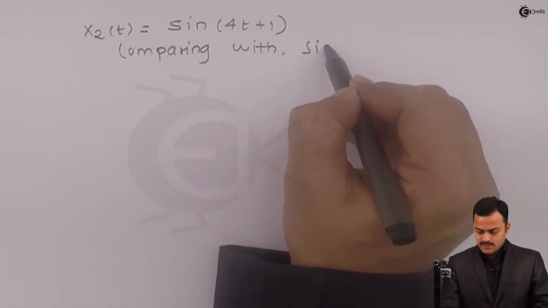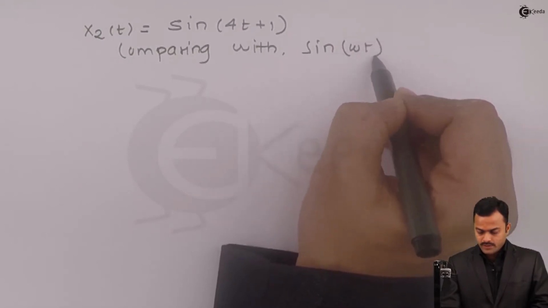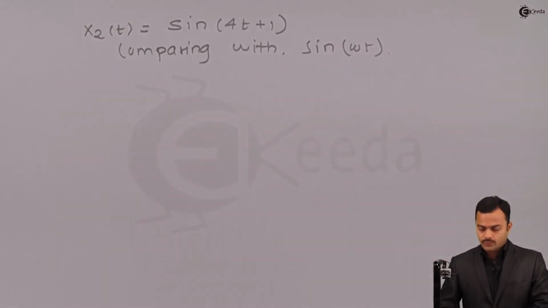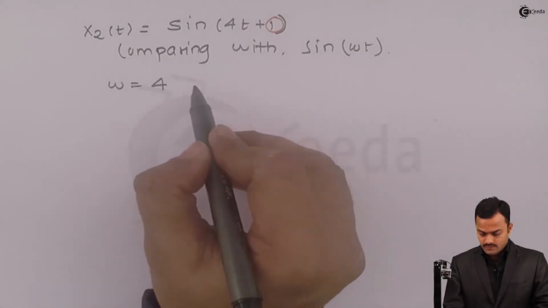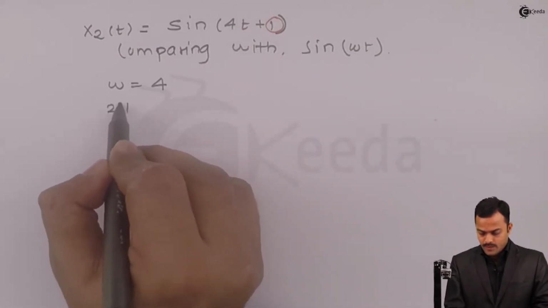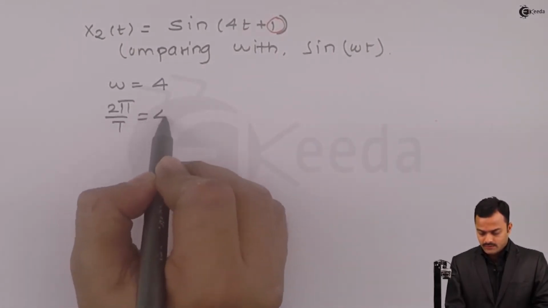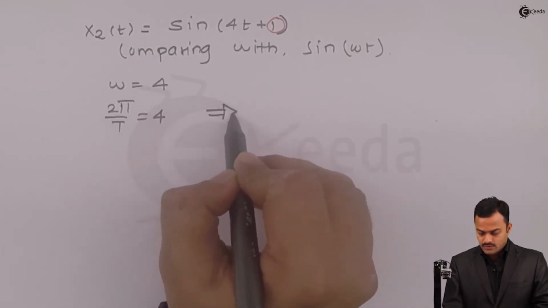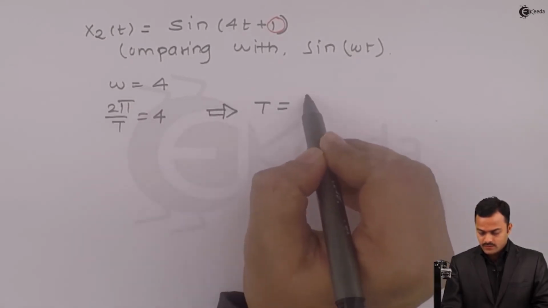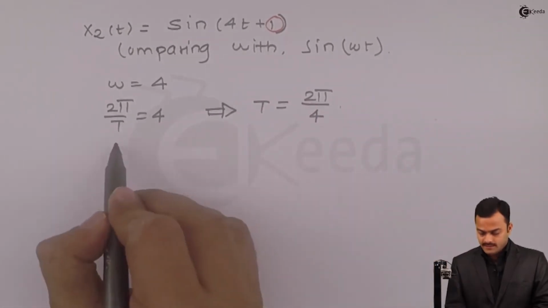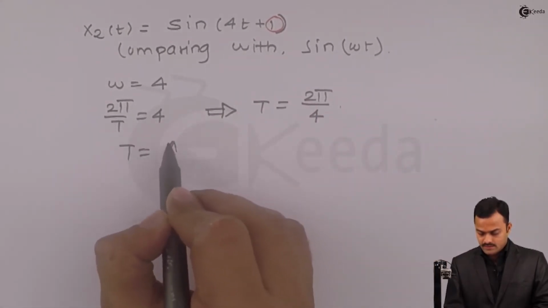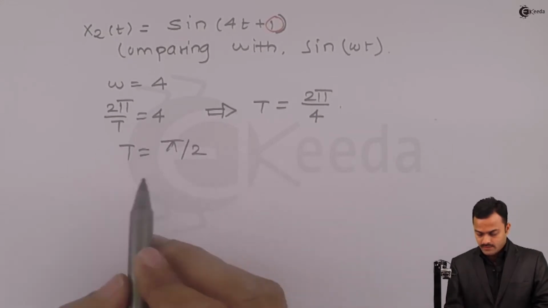I consider this as sin(omega t). Once again, I am not paying any importance to the phase. So I will get omega as 4. So 2 pi divided by T equal to 4. That implies T equal to 2 pi by 4. In the end, T equals pi divided by 2.